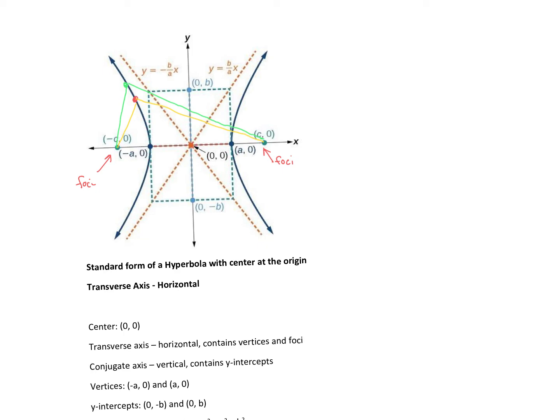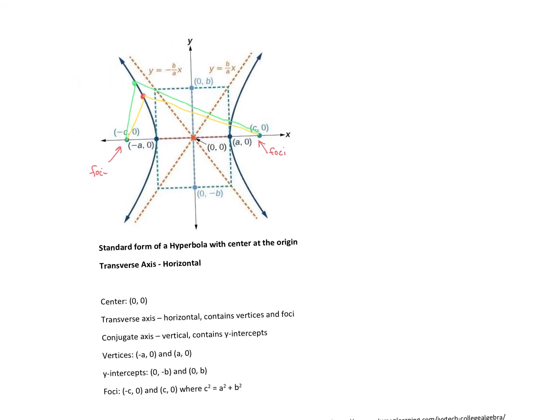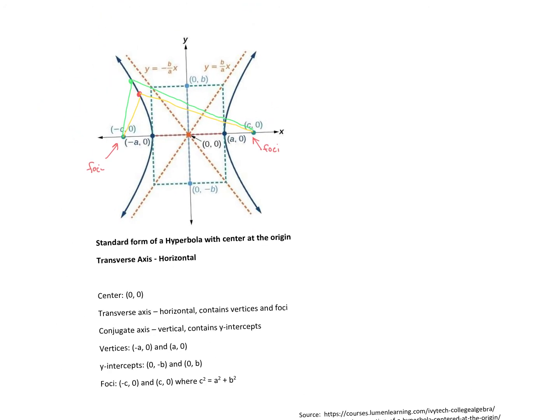So the equation of a hyperbola looks very much like the equation of an ellipse. The standard form is x squared over a squared minus y squared over b squared equals 1. In this case, because the x squared is positive, we're going to open in the x direction.